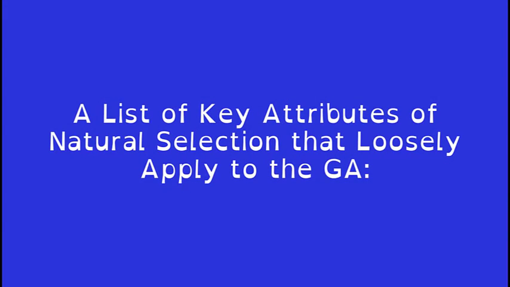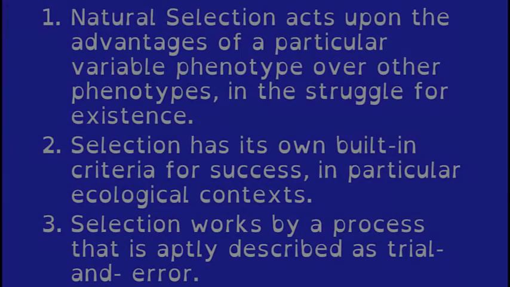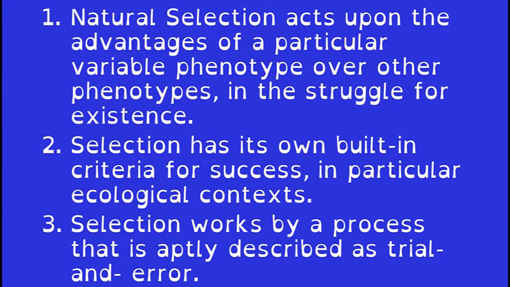A list of key attributes of natural selection that loosely apply to the GA. 1. Natural selection acts upon the advantages of a particular variable phenotype over other phenotypes in the struggle for existence. 2. Selection has its own built-in criteria for success, in particular, ecological contexts. 3.